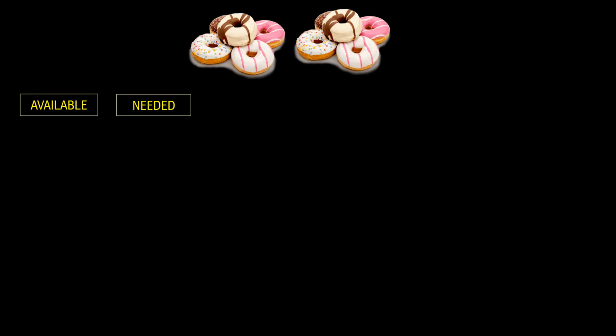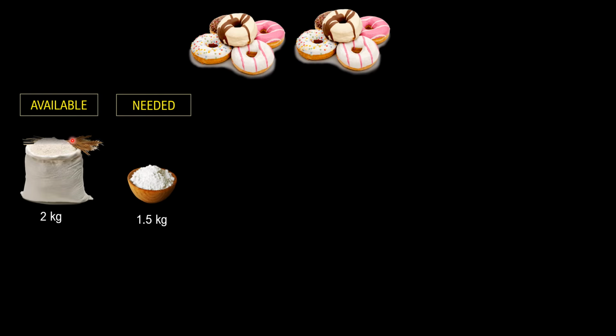Untuk mudahkan kita untuk faham cara nak compare mole available dengan mole needed untuk determine limiting reactant, kita guna analogi donat. Let's say kita nak buat 10 biji donat, kita perlukan 1.5 kilo tepung. Kita pergi dekat dapur, kita tengok kita ada 2 kilo tepung. So, lepas kita dah siap buat 10 biji donat ni, kita dapati 2 kilo tepung ni not completely consumed, tak habis guna. Dan dia remains at the end of reaction.